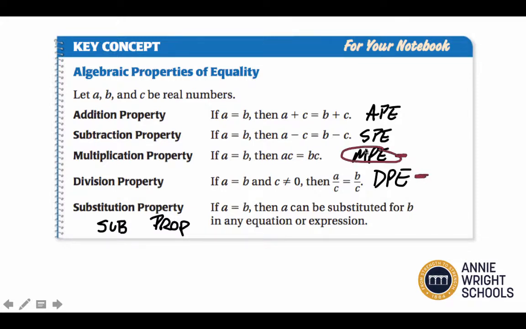What I would say is if you use MPE when you meant division, I'm going to give you full credit, because there is no such thing as dividing, there's only multiplying. Same thing with addition and subtraction. If you say APE because you add the opposite of a number, that's subtraction, but I would be fine with just that.